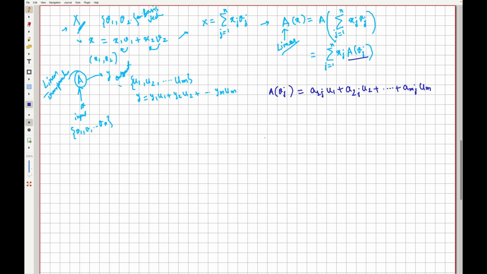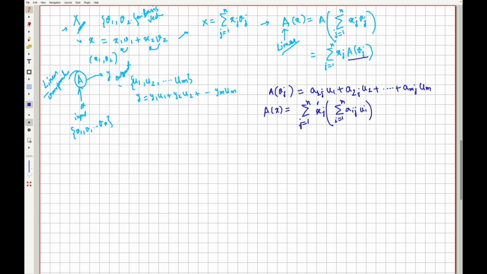So what we do now is we substitute that expansion back in the equation above. So here we say A of x is equal to the summation j is equal to 1 to n, xj, and within parentheses again we write the summation i is equal to 1 to m, aij ui.